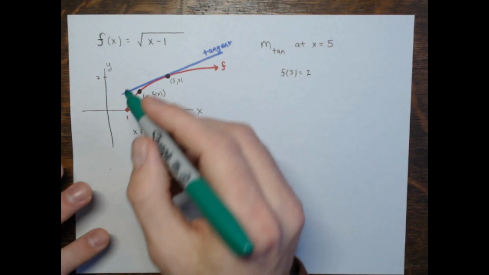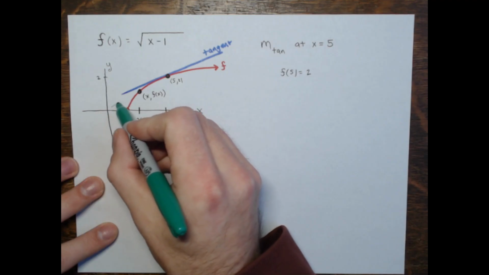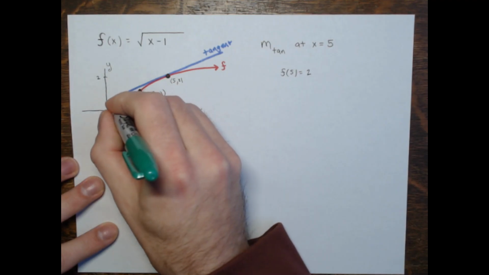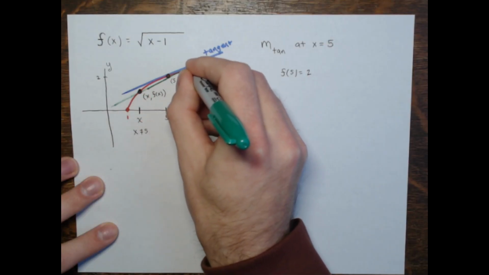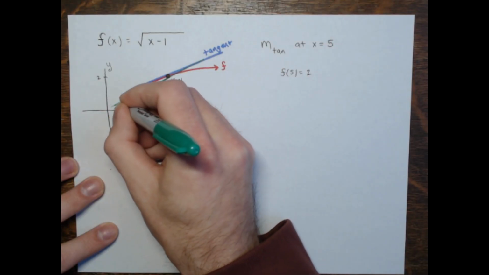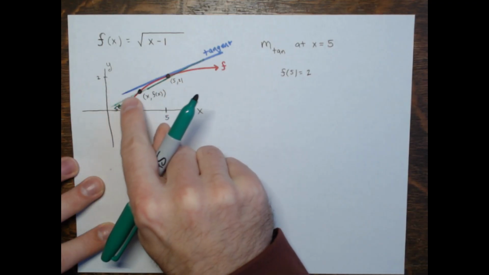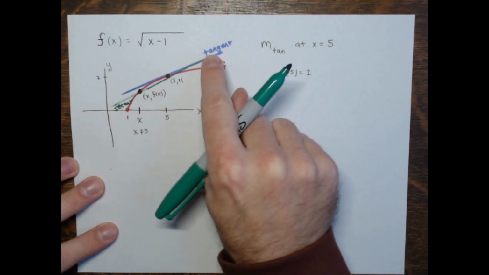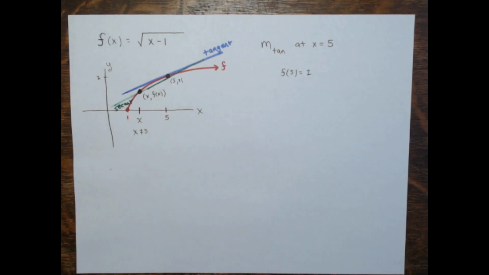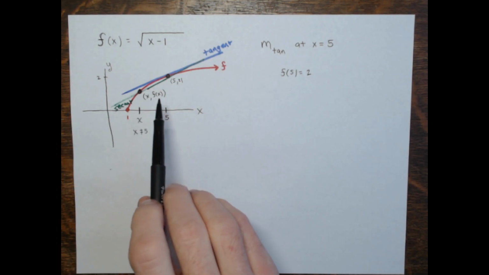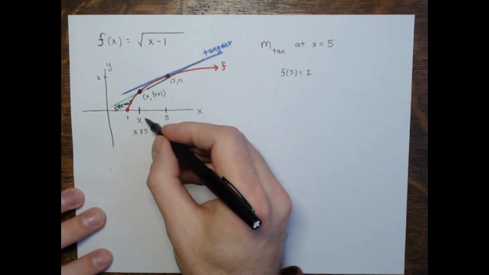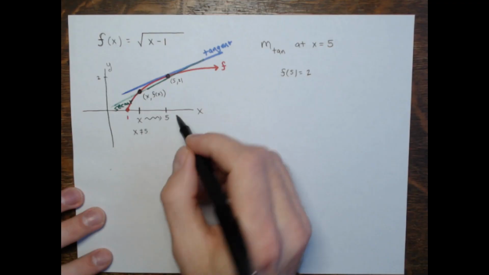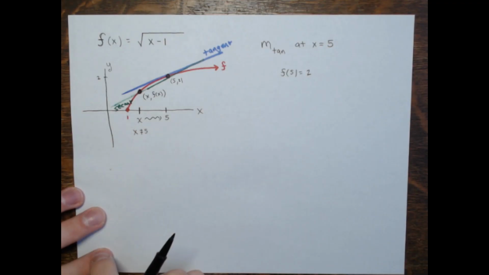And then here's the secant line going through these two points, this point and the point in question, right? Secant, no, it's not a great drawing, but the secant should be close to the tangent, right? They're not exactly the same. And then we'll find the slope of the secant line and see what happens as x approaches 5.